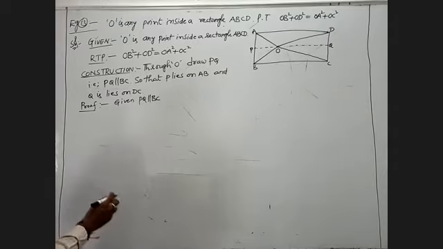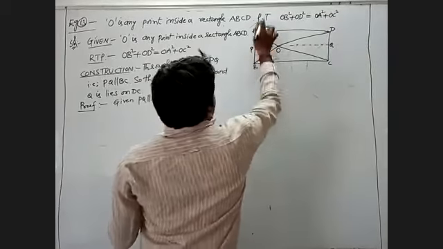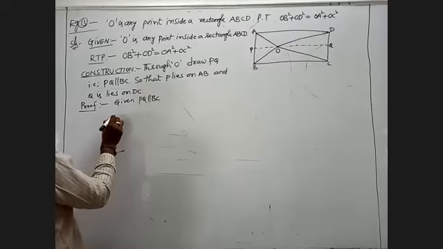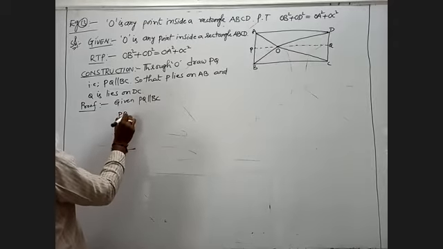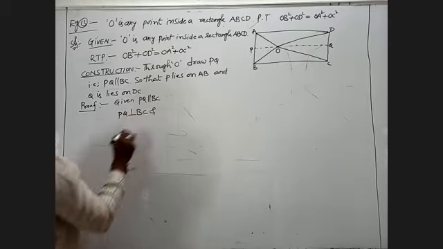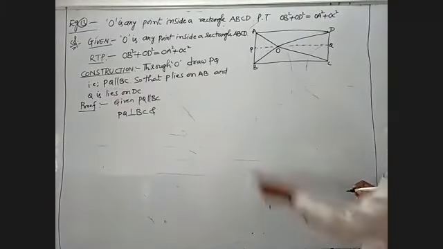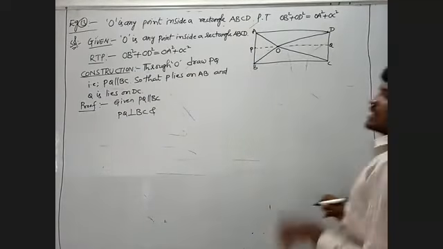After that, PQ is perpendicular to AB by construction. PQ is perpendicular to BC, and one thing we will observe in this one. PQ is perpendicular to DC.